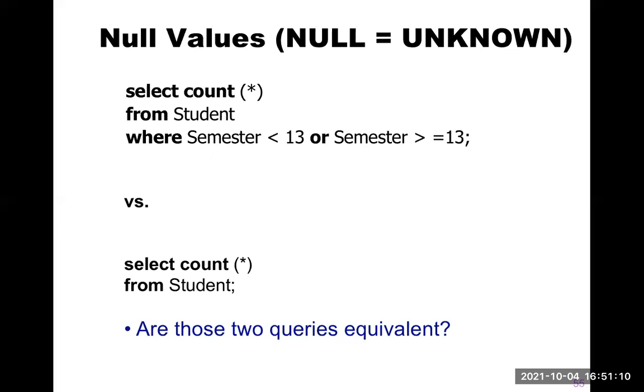Somehow they were born. So that's just my shortage of knowledge. That's just unknown to me, but it exists in the world, the date of birth of this person. So null here means that it's unknown.